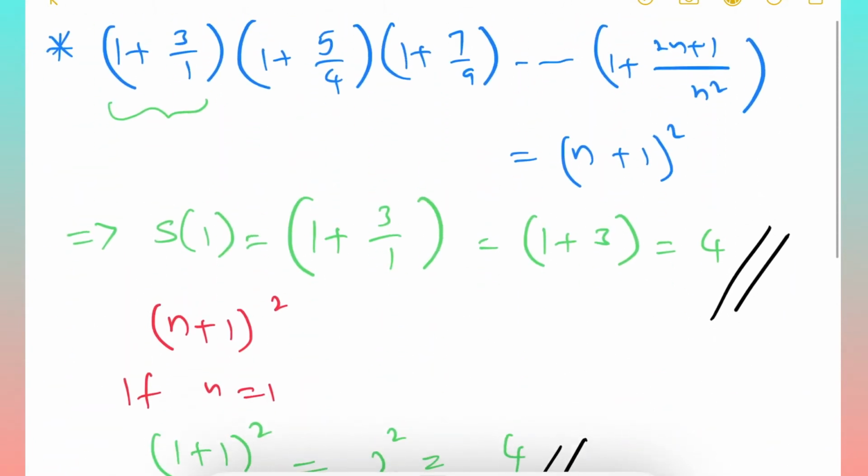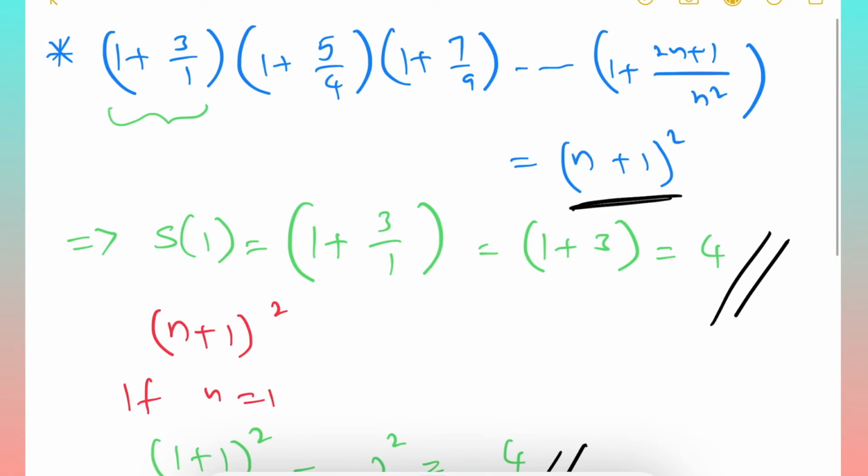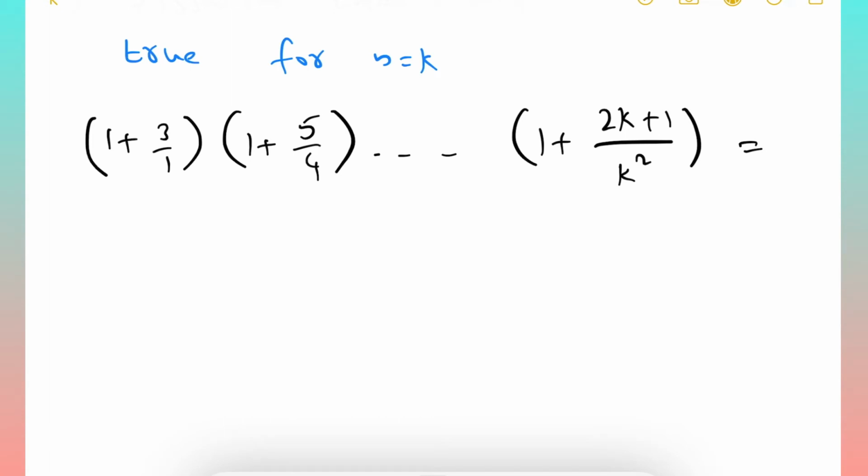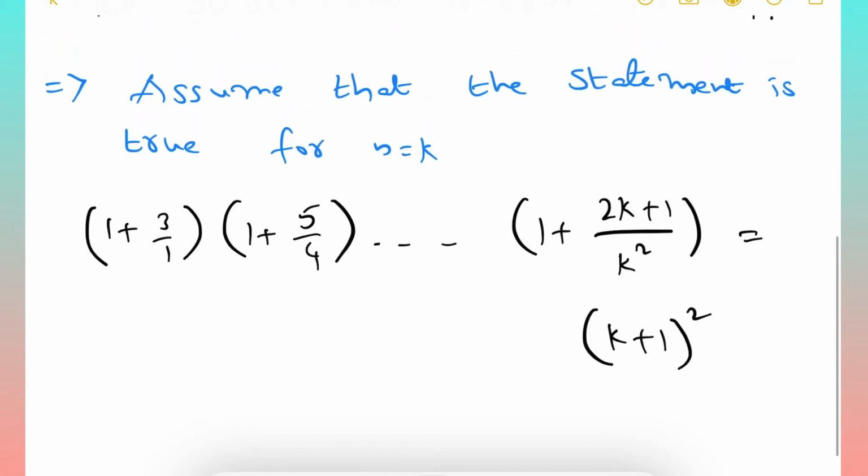In the RHS we have n plus 1 whole square. In the place of n, substituting k plus 1 whole square. This is the second step, and this second step we will use in the third step again to solve the problem.